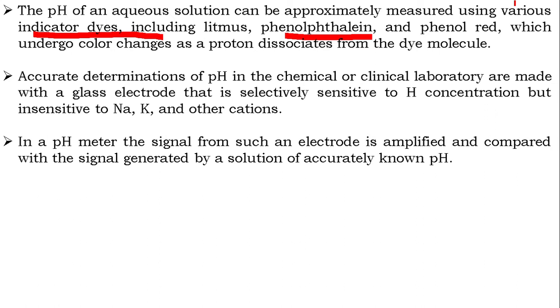You might have used both phenolphthalein and methyl orange. And phenol red is another indicator solution. By the color change of the solution, we can find out whether it is acidic or basic. But by that method, we cannot exactly calculate the pH. For that, we can use a pH meter. pH meter is there in our laboratory. I will show you how it is used. And in another class, we have to study the functioning of a pH meter as well. Okay.